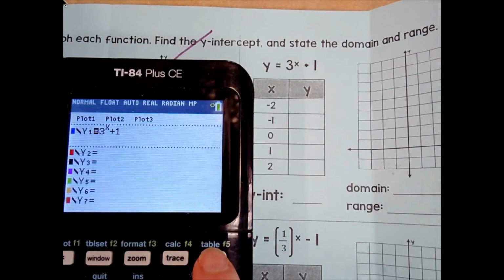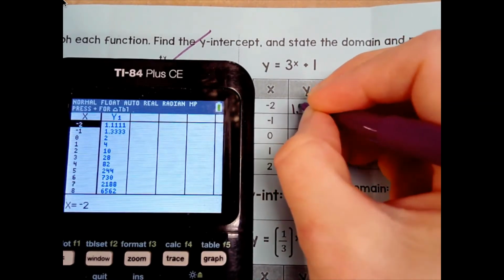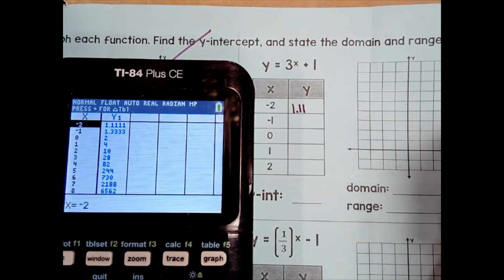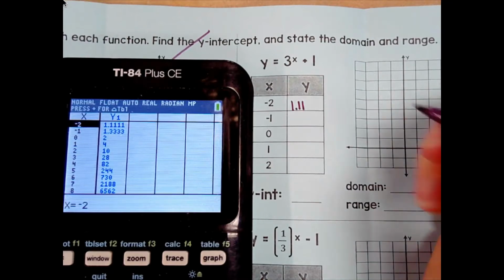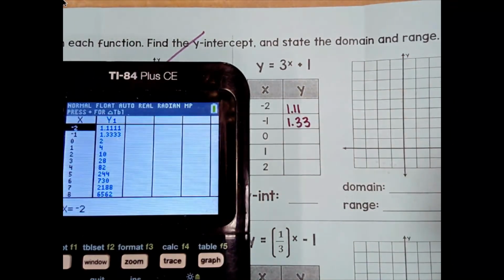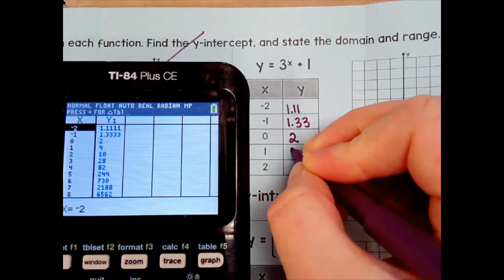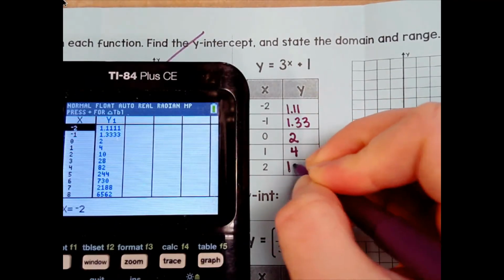Then go to the table of values. So the first one is 1.11 repeating. Second one is 1.3 repeating. 0 matches with 2. 1 matches with 4. And 2 with 10.